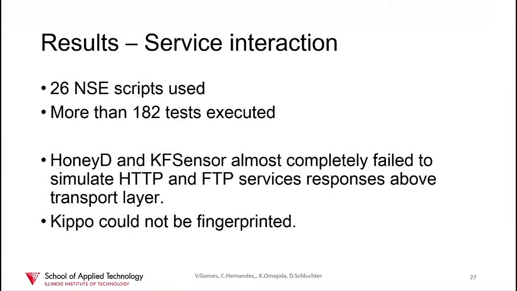For the results, we used more than 26 NSE scripts, and we ran them against all the hosts that we had on our network. Honeyd and KFSensor don't have a really good response on the application layer. We're going to see that on the next slide. But Kippo, the medium interaction honeypot, could not be fingerprinted using that technique.